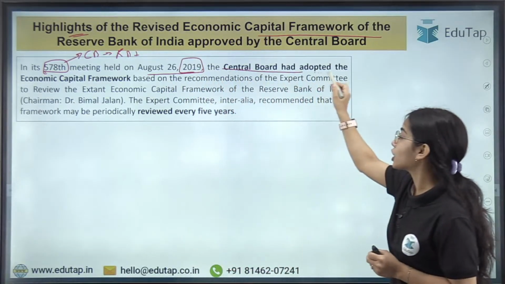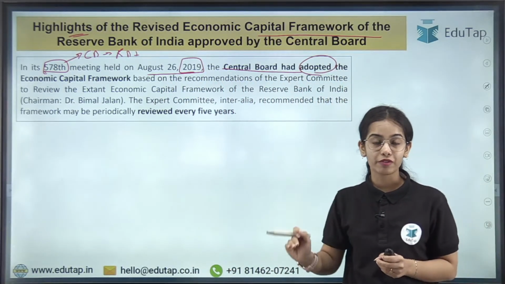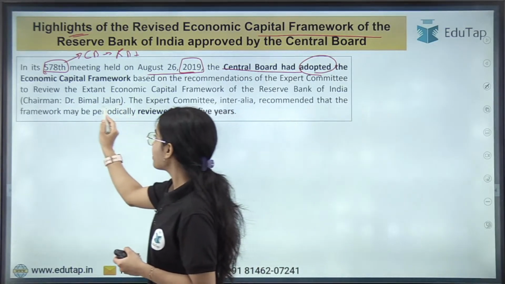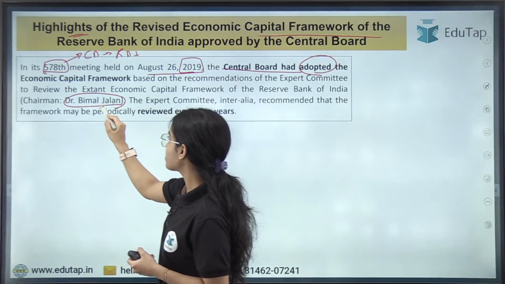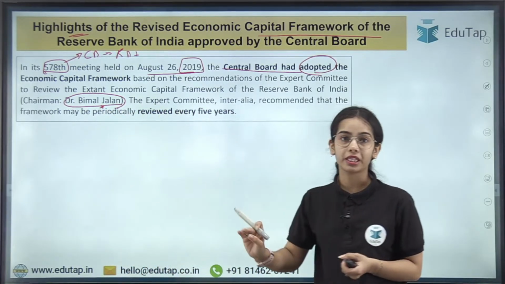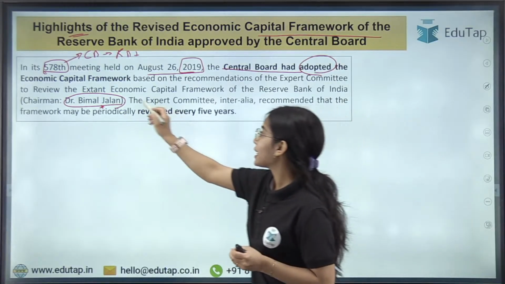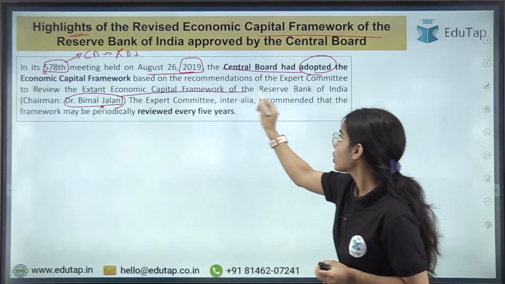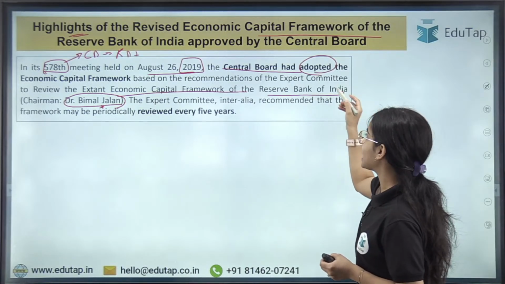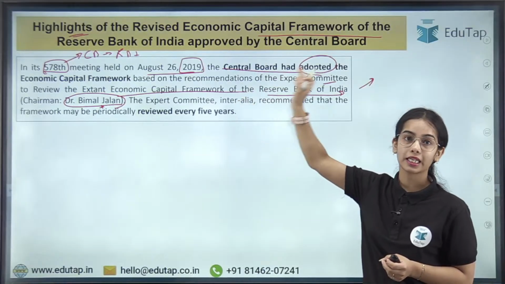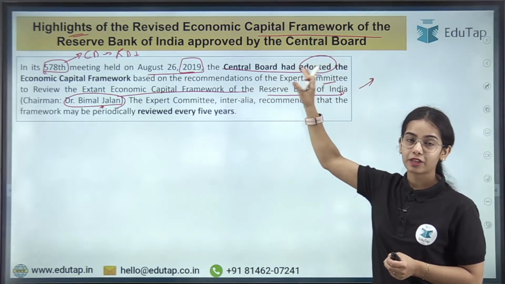the Central Board had adopted the economic capital framework as per the recommendations given by the Bimal Jalan Committee. The Bimal Jalan Committee was the expert committee established to review the existing economic capital framework of the Reserve Bank of India and to provide recommendations regarding it.